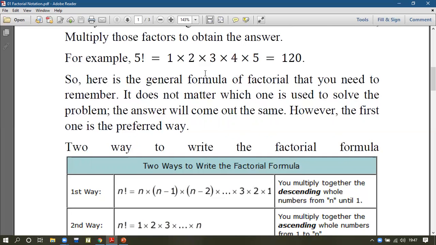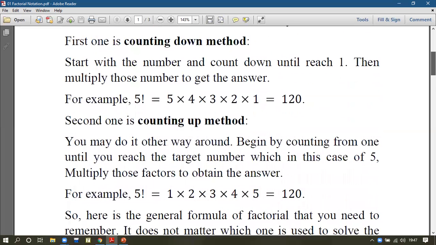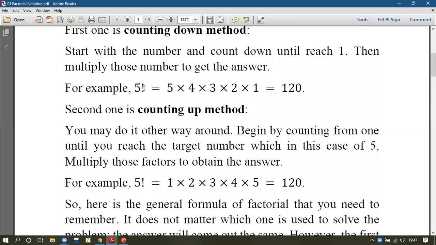However, the first one is the preferred way. That means if we want to find factorial 5, then factorial 5 equals 5 into 4 into 3 into 2 into 1, which equals 120. I will show you later why this one is preferable.